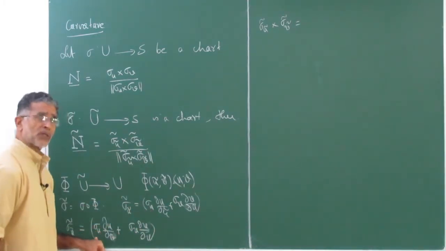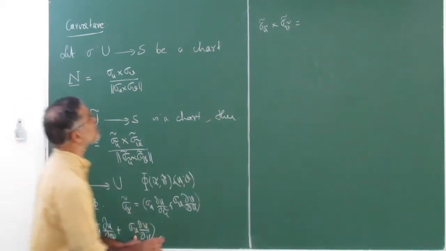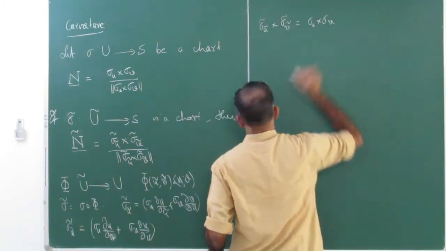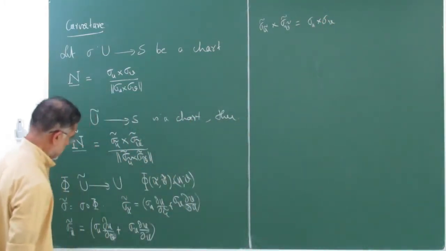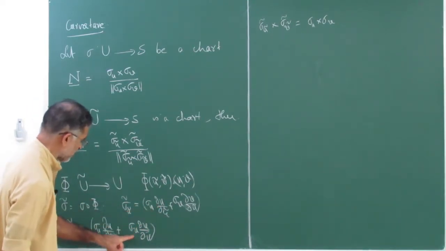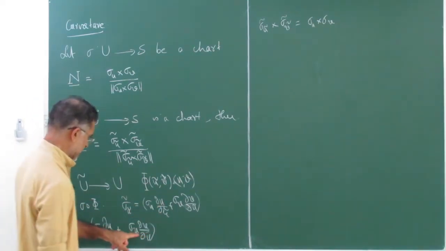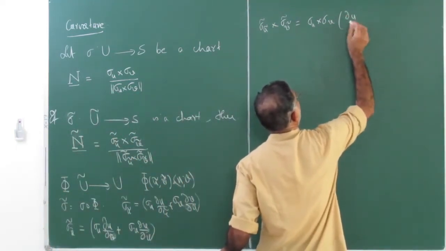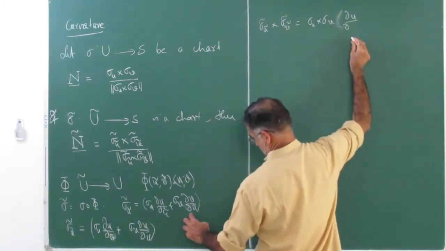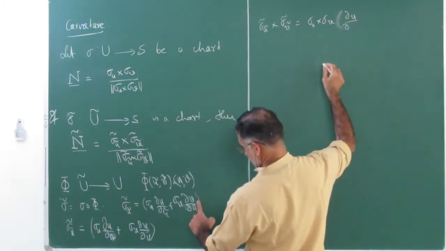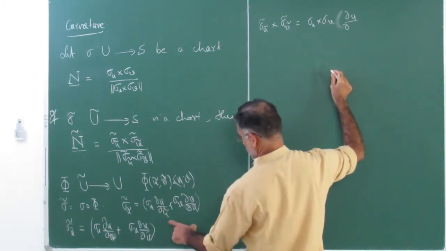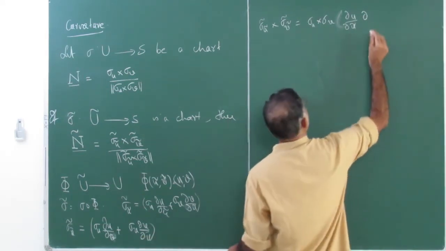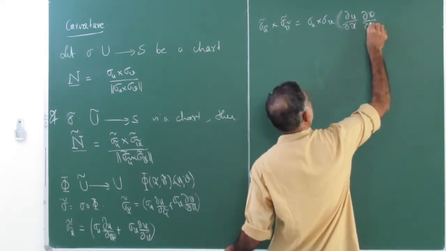Sigma u cross sigma u is 0, so you have sigma u cross sigma v, and what is the coefficient? Sigma u cross sigma v, du by du tilde into dv by dv tilde.